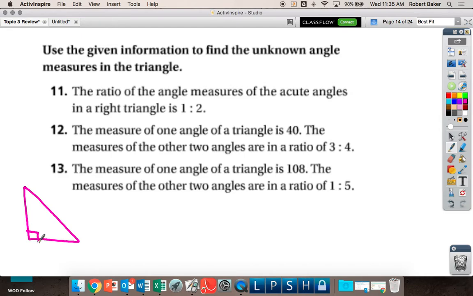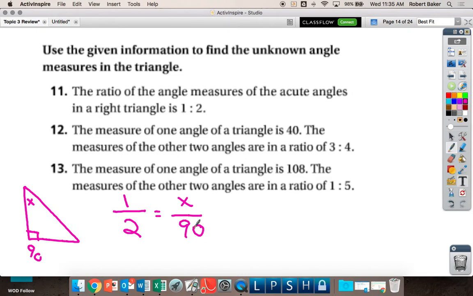This is 90, and I don't know what this is. The acute angle, or that one. It's less than 90, so the ratio is 1 to 2, correct? Oh, so then it's 45. So you can probably reason that it's 45 degrees.